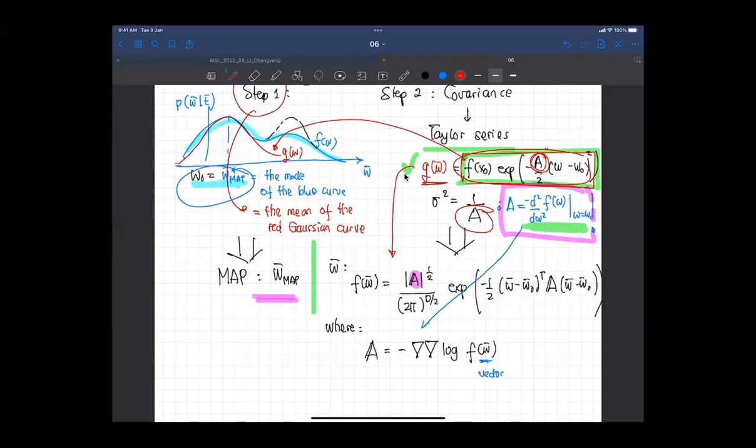Okay, anyway, any questions here? So W0 is WMAP, yes. W0 is WMAP.